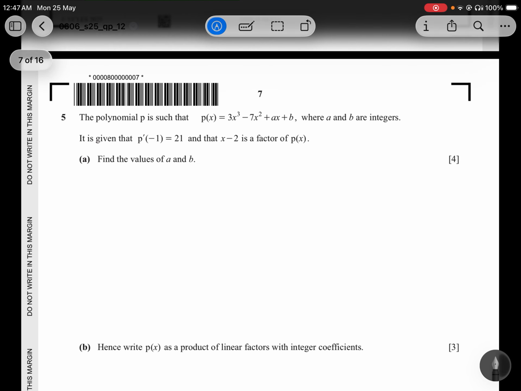Now the polynomial. The polynomial P is such that a and b are integers. It is given that the first derivative of P at minus 1 is 21 and x minus 2 is a factor of P of x. Find the value of this. Okay, that shouldn't be an issue.